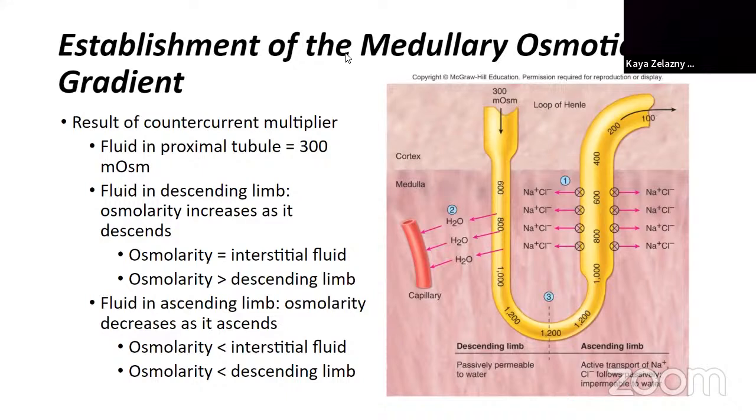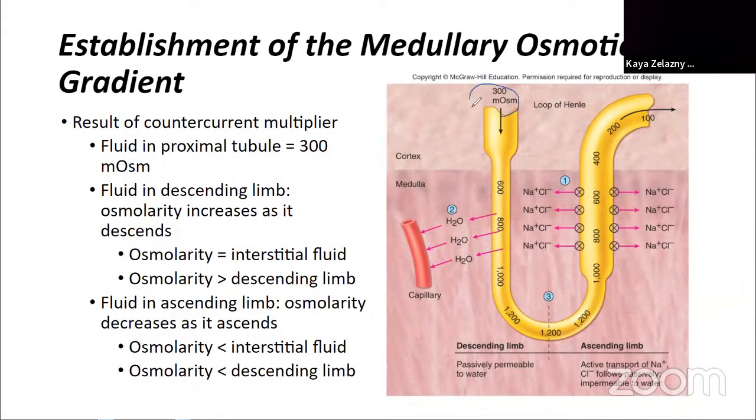So our overall result is that our fluid entering the loop of Henle from our proximal tubules is at our sort of base state of 300 milliosmoles.